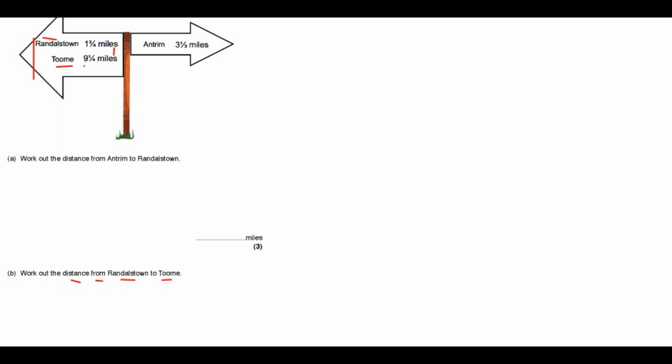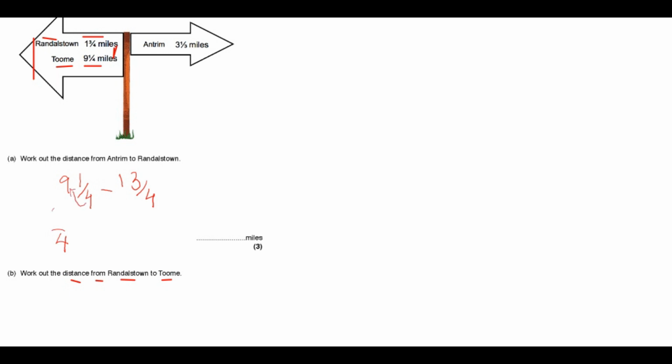So how can we find it? If I take away this one from this one, we can get this distance. So for that, what we need to do is take away 9 1/4 and 1 3/4. So first what we need to do, of course, we have to change these mixed fractions into improper fractions.